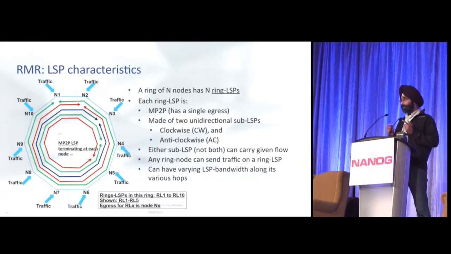Now, if N4 were to send traffic on the sub-LSP going in the anti-clockwise direction, it would push the label that N3 advertised to N4. And at N3, that label would get swapped for what N2 gave to N3.